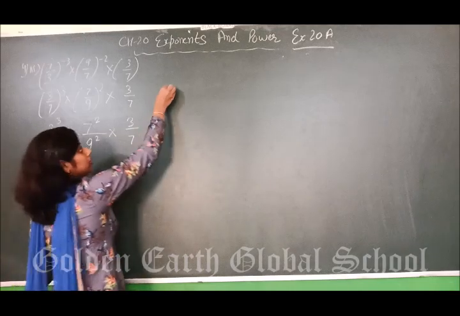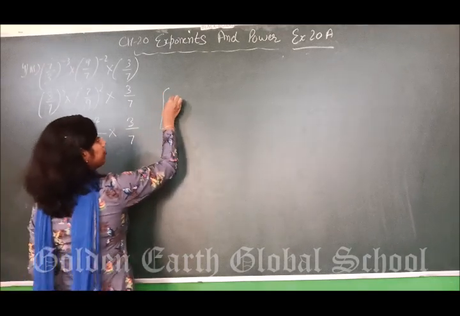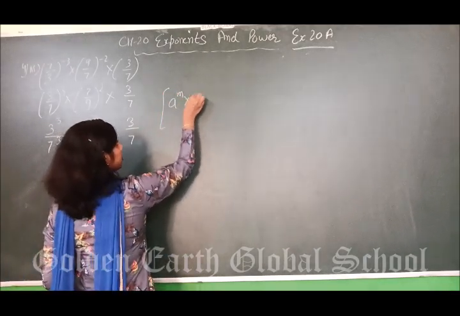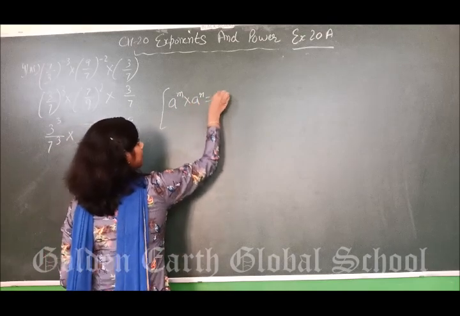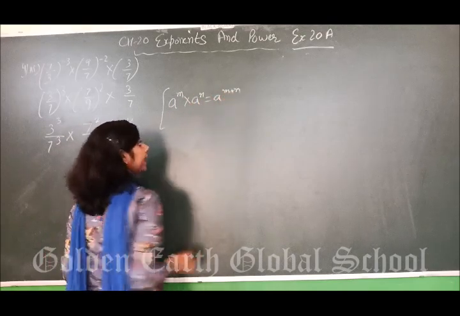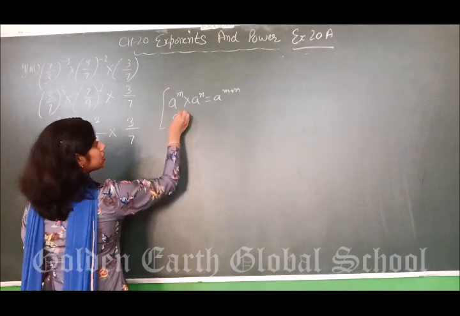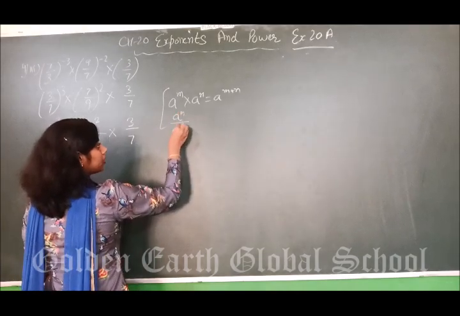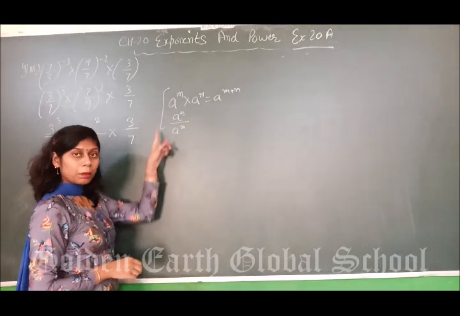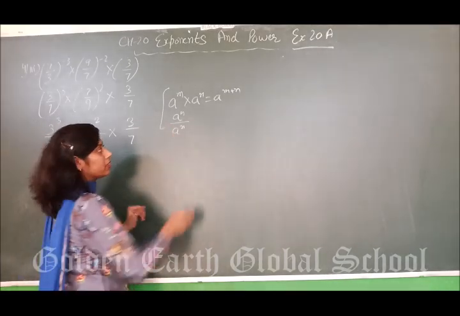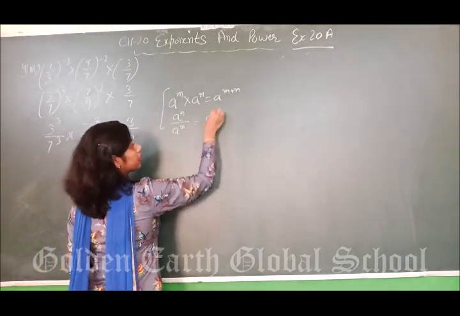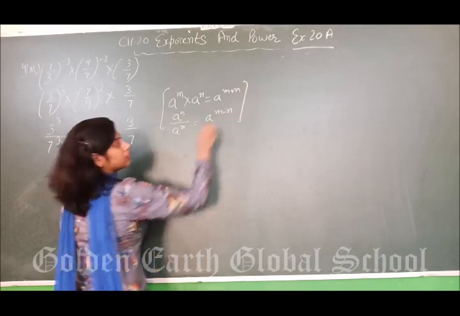Now you know, if terms are in multiplication, then the powers will get added. The second rule is, if terms are in division, the bases are the same and the powers are different, then the powers will get subtracted.